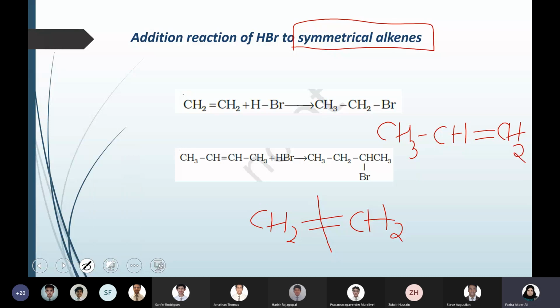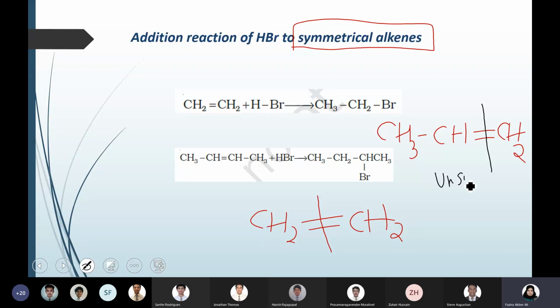If you want to check whether it's symmetrical or unsymmetrical, draw a line over here like this. You can see both sides are not identical, right? One side is CH3CH, the other side is CH2. That means this is unsymmetrical.